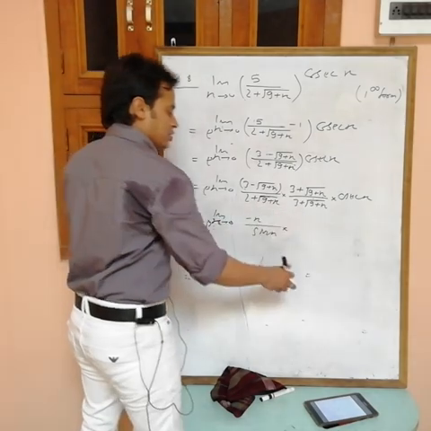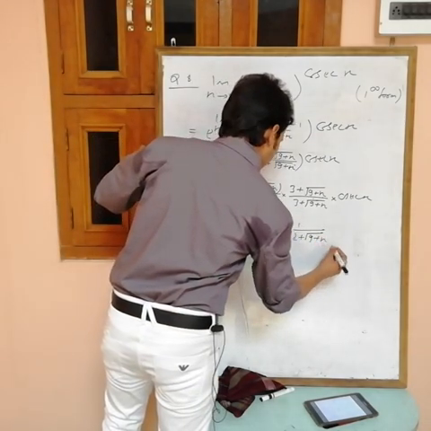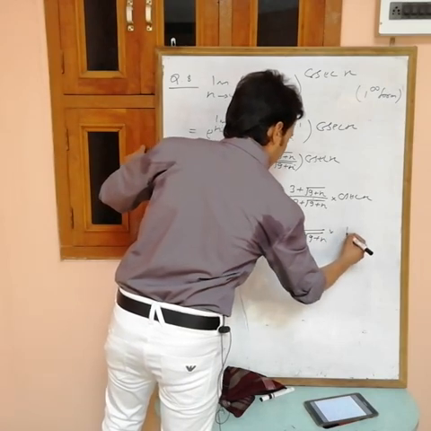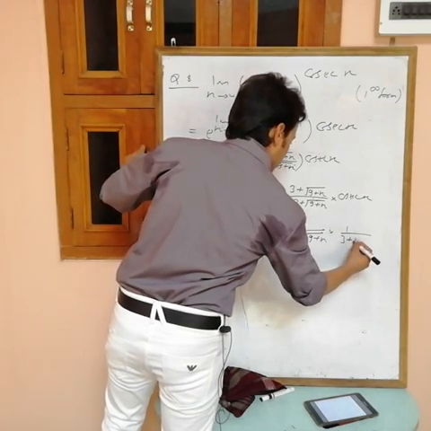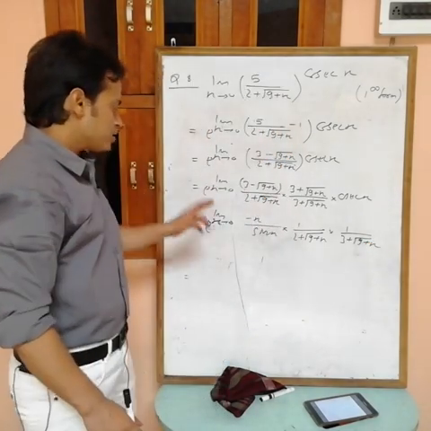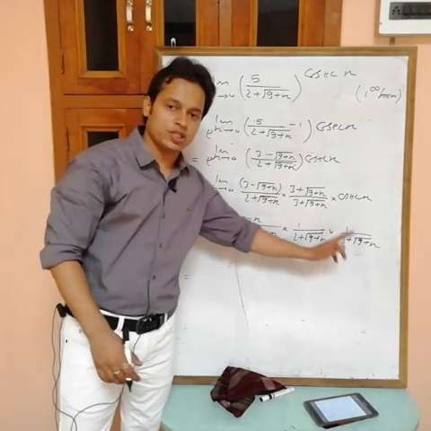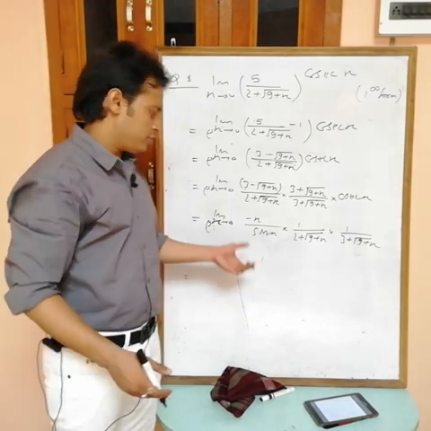Now can I write these separately? 1 by 2 plus root 9 plus x and 1 by 3 plus root 9 plus x. Limit x tending to 0, this is a finite value, this one is also finite, and this one is also finite, then no problem, this is the standard form.